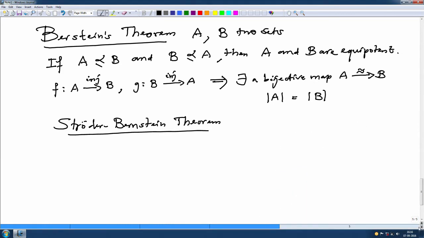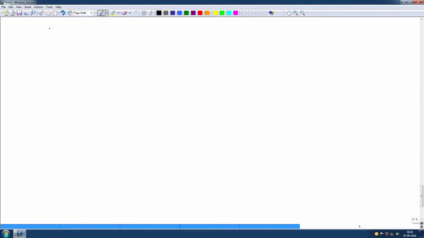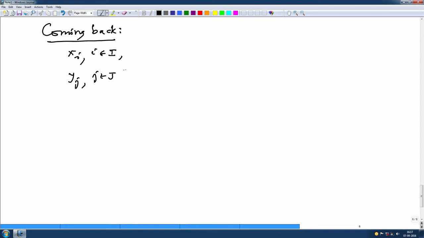Let us come back to our proof about vector space bases. Remember we want to prove the following. We have one basis x_i, i in I, and y_j, j in J. These are two k-bases of V. And what are we assuming?